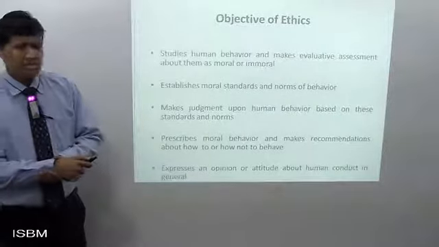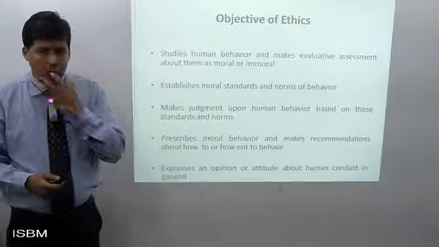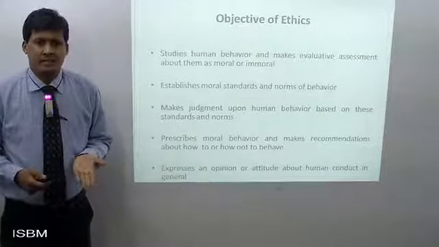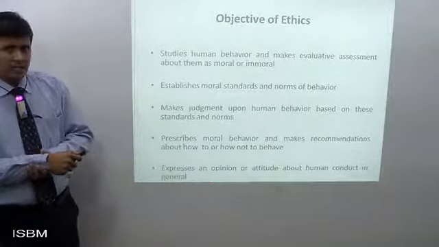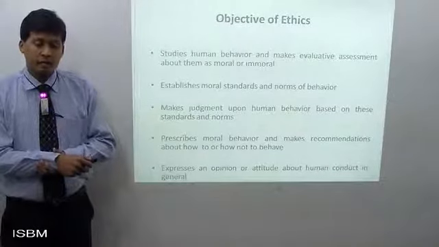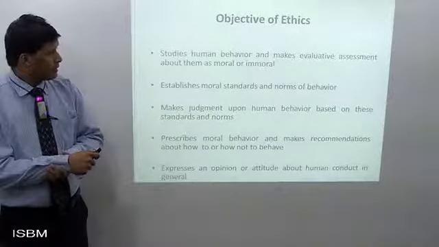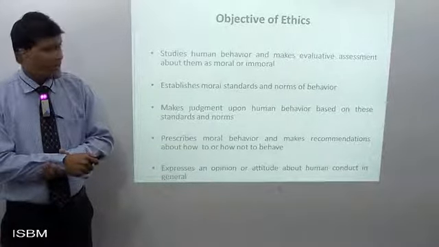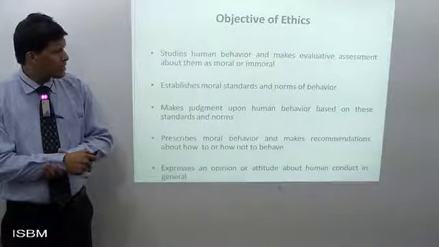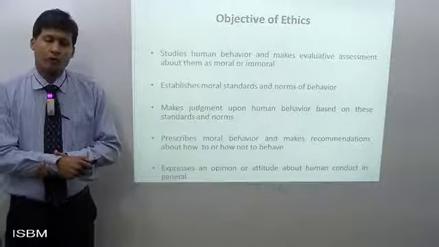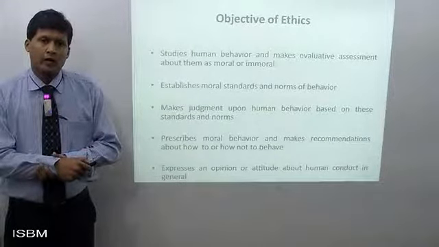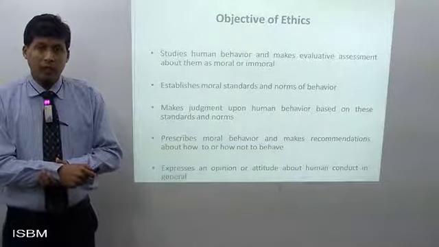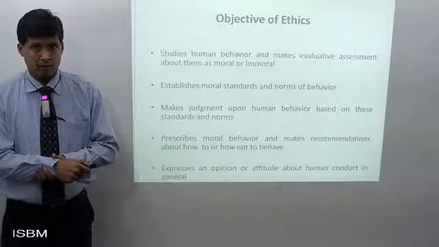So if you see the objectives of ethics, now we will be looking at ethics from the perspective of the business dimension. Why were ethics laid down in the history of the human race? It studies human behavior and makes evaluative assessments about it as moral or immoral. So ethics portrays a person to be moral or immoral.